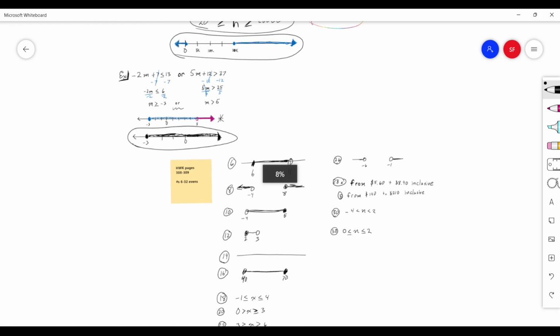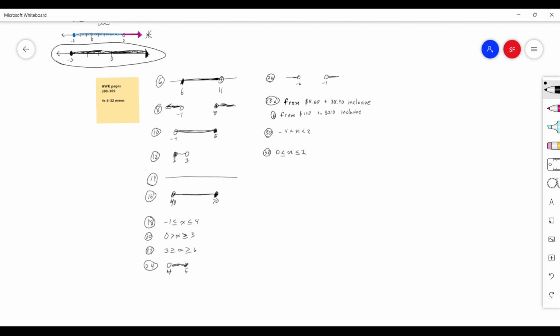So, what questions do y'all have on that homework? Number 26.